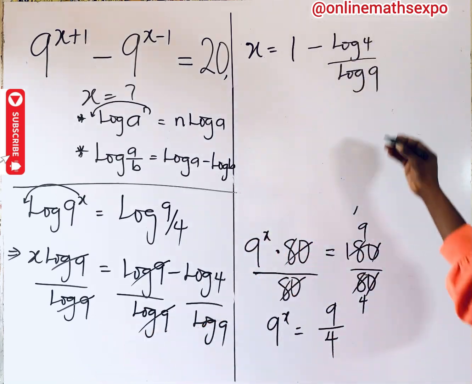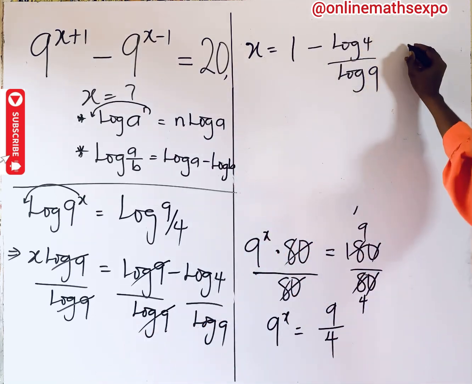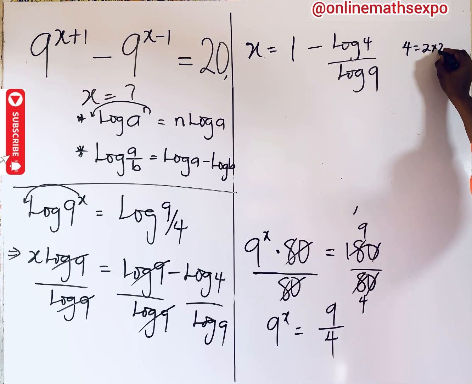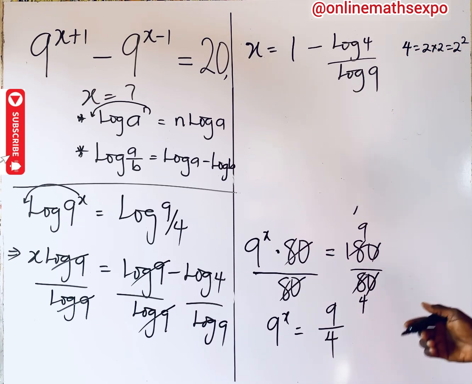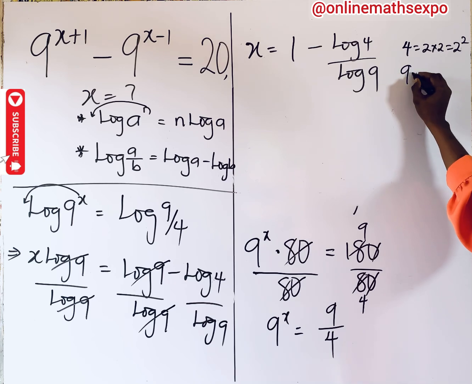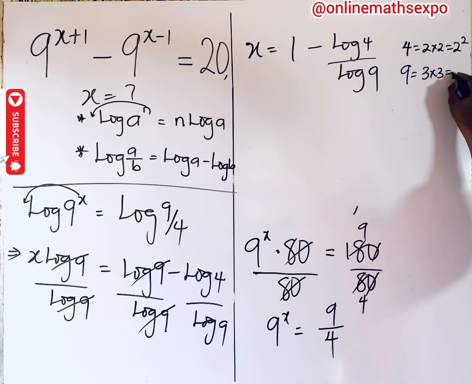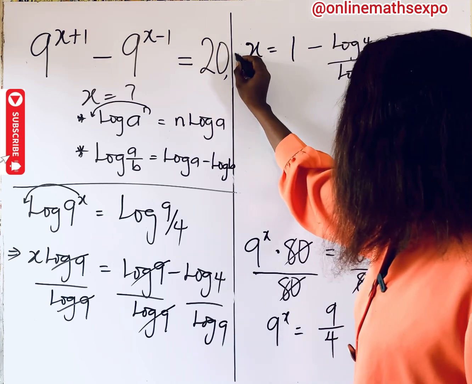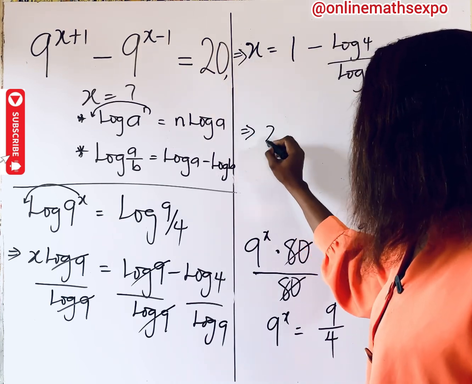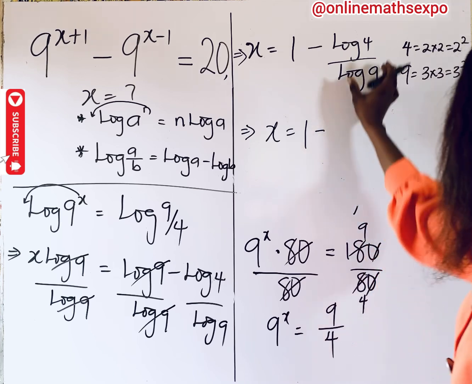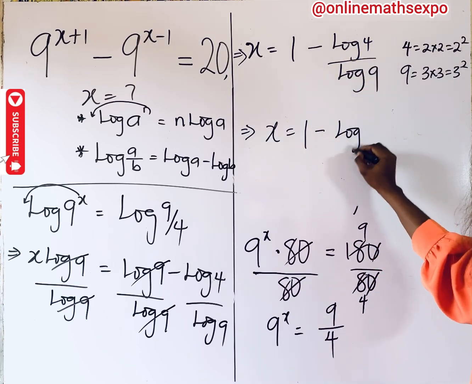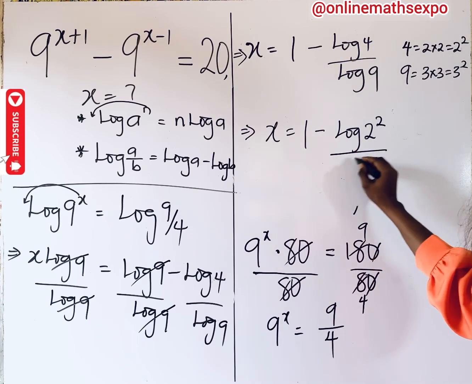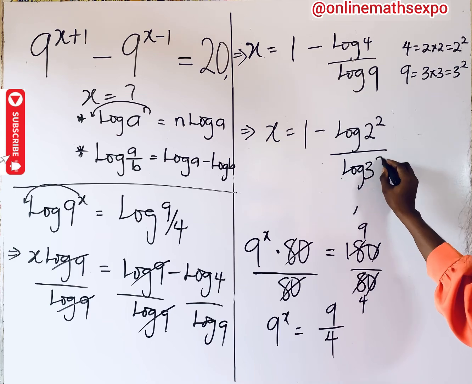So we remember that 4 is the same thing as 2 times 2, which is 2 squared. Then we also know that 9 is 3 times 3, which is 3 squared. So this will now be log of 2 squared all over log of 3 squared.